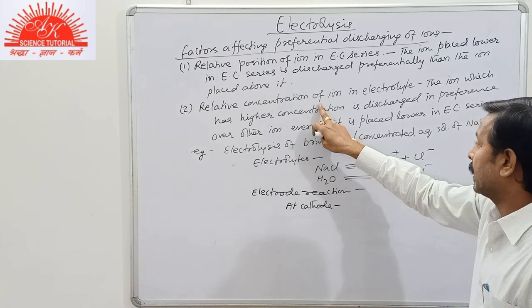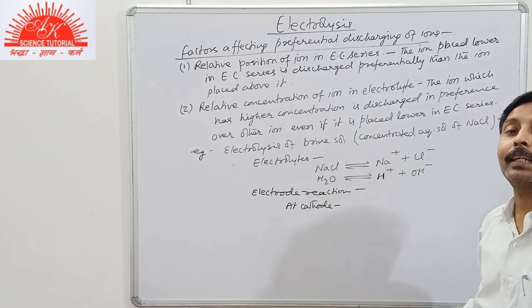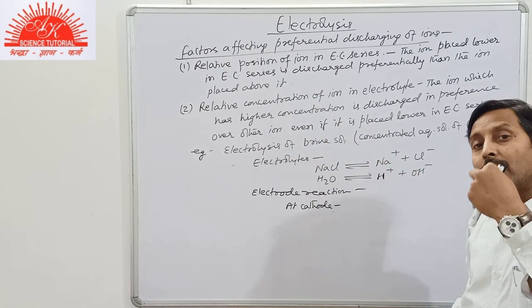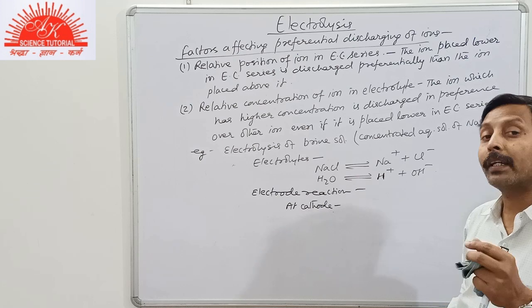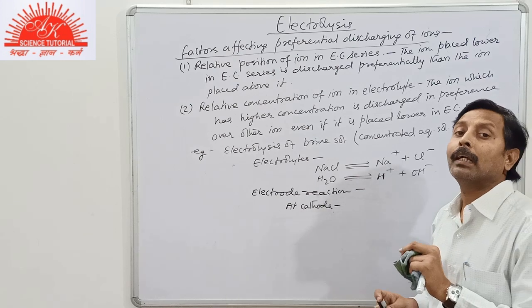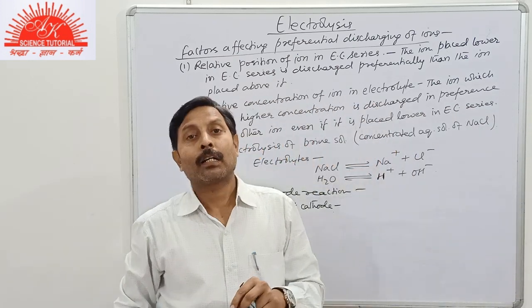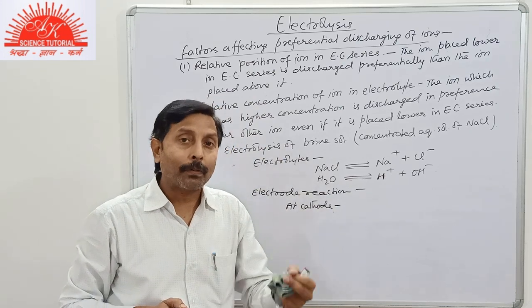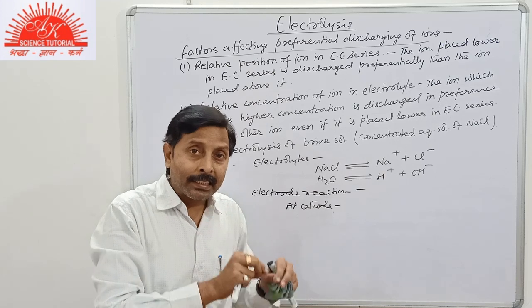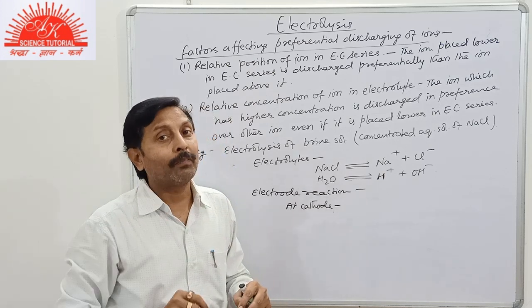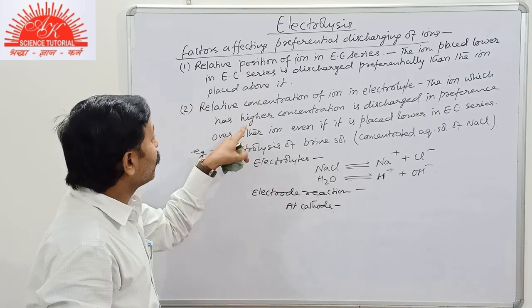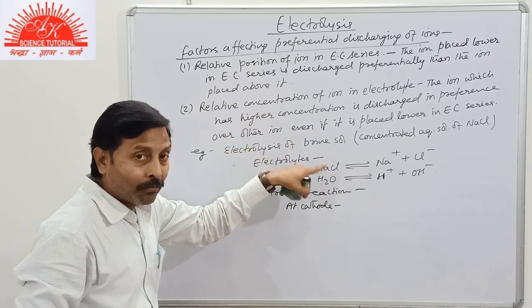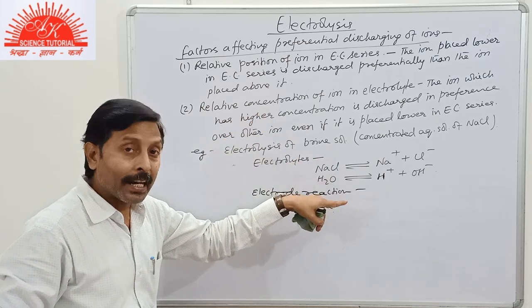According to this concept Na plus has higher concentration, so it should be discharged at cathode in preference, but H plus ion can gain electron more easily than Na plus ion. So in this case H plus ion will be discharged. Here this point is violated due to reactivity.